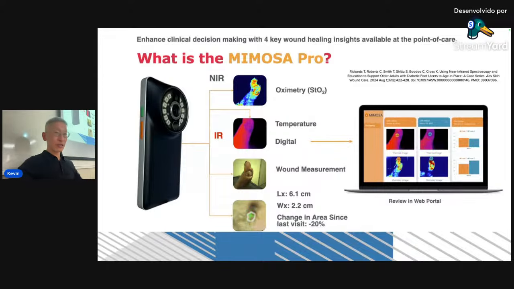On the back of this device is a light bulb. The light bulb can produce near infrared light and infrared light. The infrared light is able to check the temperature, to evaluate the temperature level. The near infrared is able to produce the calibration of skin perfusion, oxygen level.